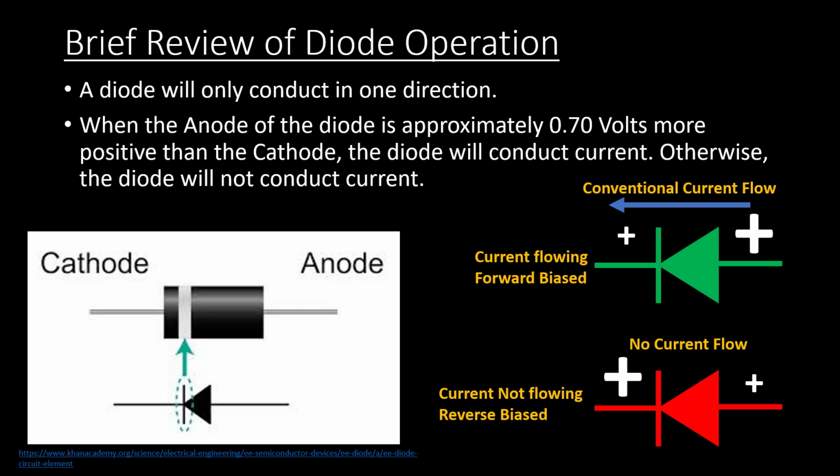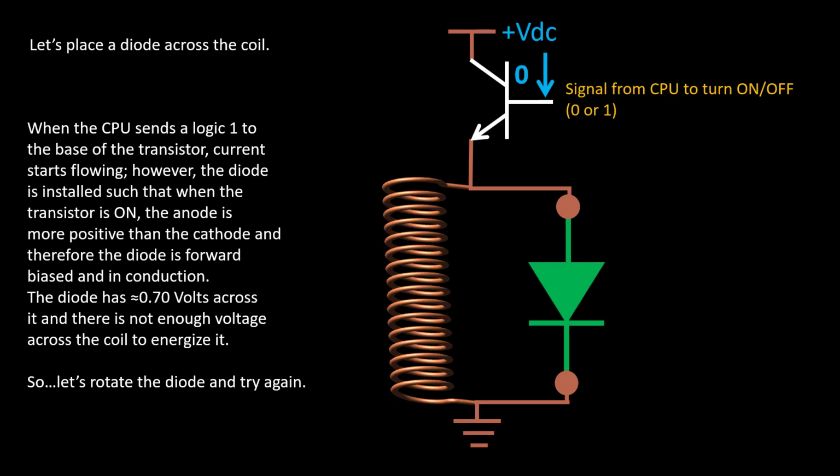Let's place this device across the coil. So here I have the same circuit with the transistor being used as the switch, and I put a diode in the circuit right across the coil. The CPU is going to send a logic 1 out to the switch. The transistor turns on, and I get current flow.